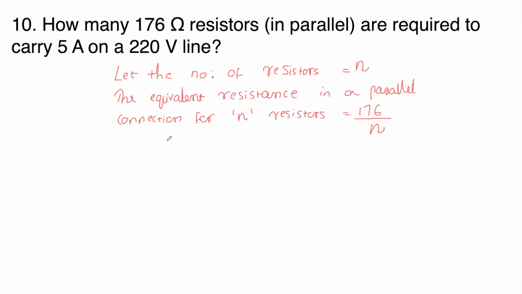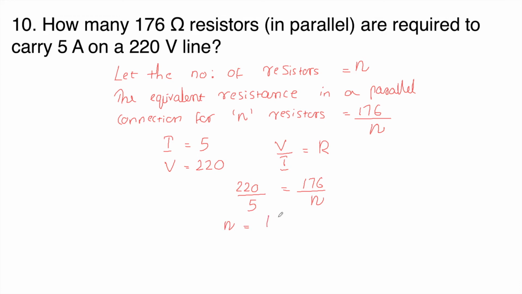And the current I is 5, voltage is 220. So we know the formula by Ohm's law, V by I is equal to R. So V here is 220, I here is 5, and R here we should take as 176 by N. So what will be the N here?